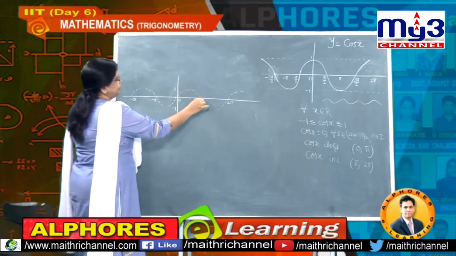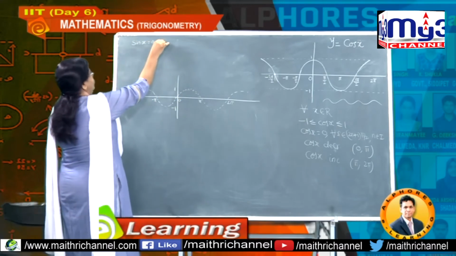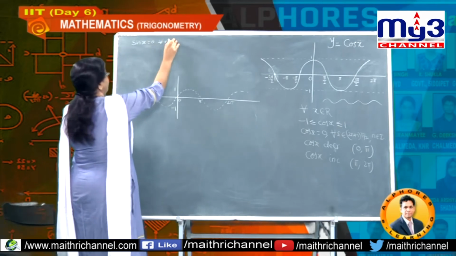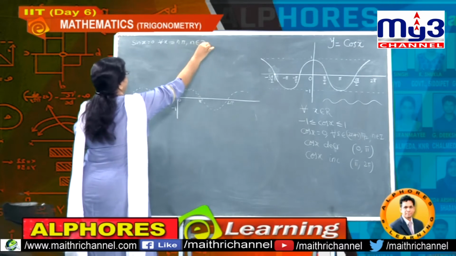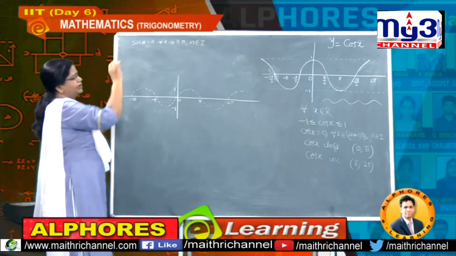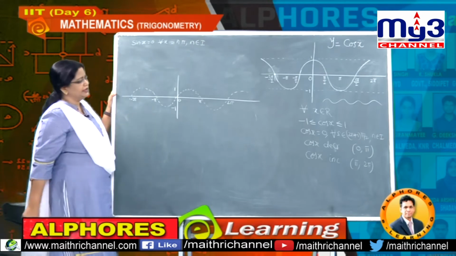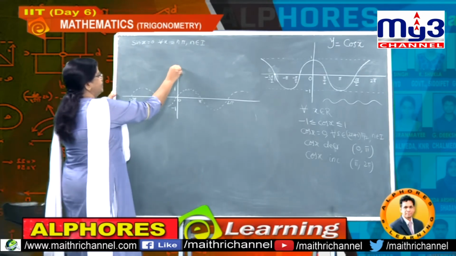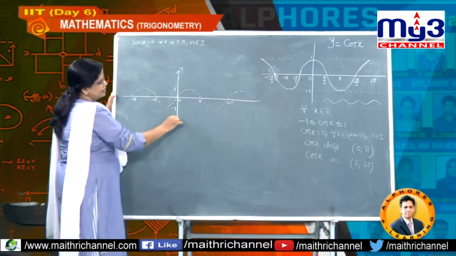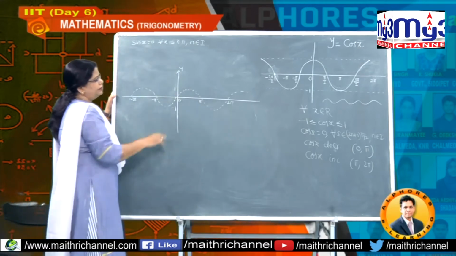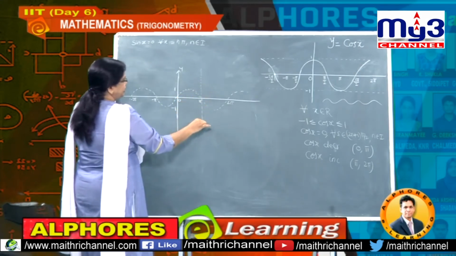Now we observed where it is not defined: sin x is 0 for all x, that is, x equal to n pi, n is an integer. Wherever sin x is 0, just draw lines parallel to the y axis. The y axis is already here for 0, and for pi I am drawing a line parallel to the y axis.